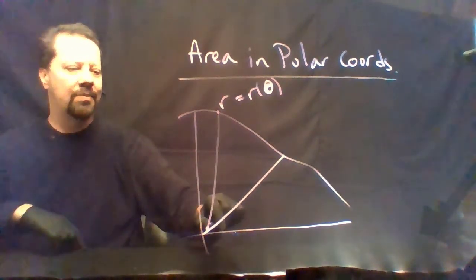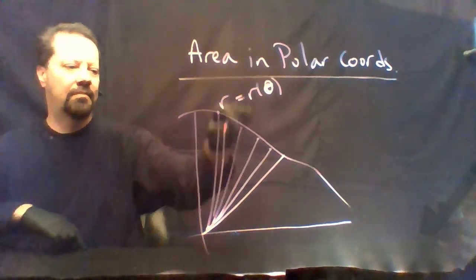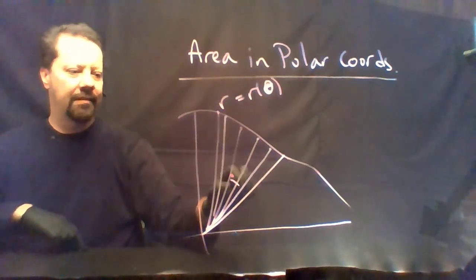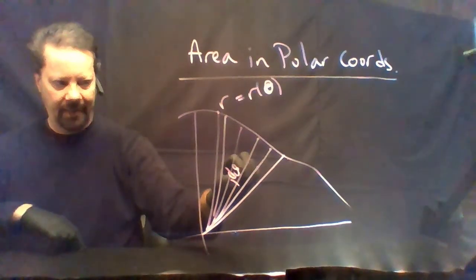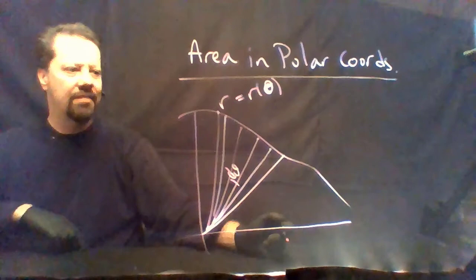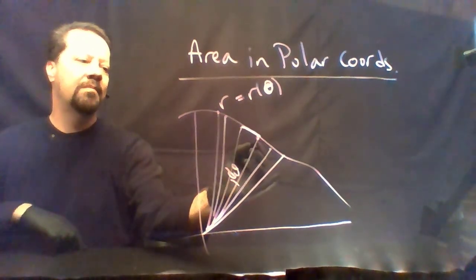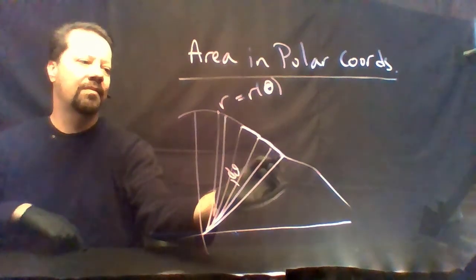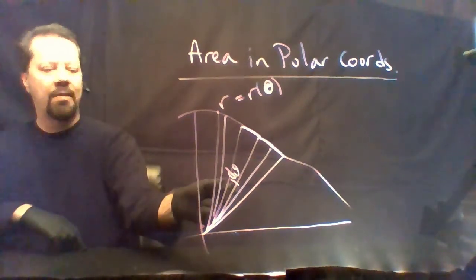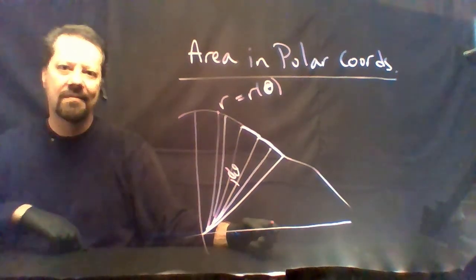What we'll do is divide the sector into little pieces of width d theta. Each of these is going to be approximated by little sectors of circles. The smaller we make d theta, the more accurate this representation.